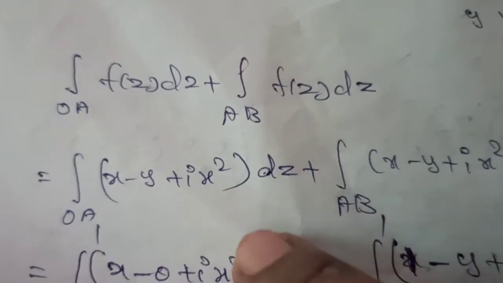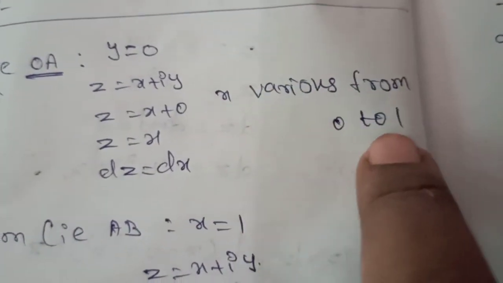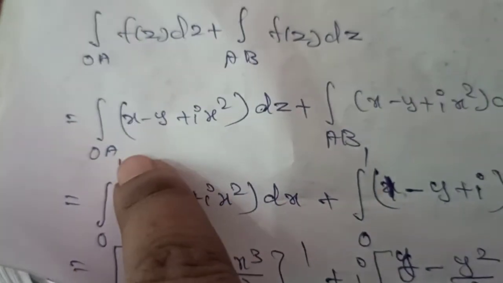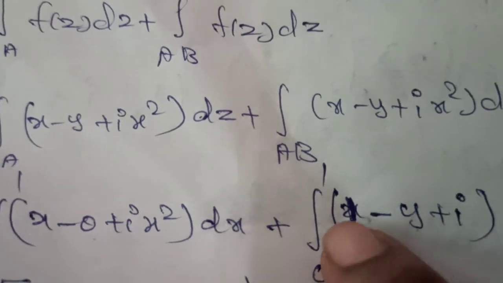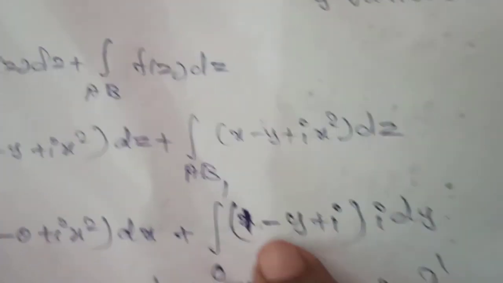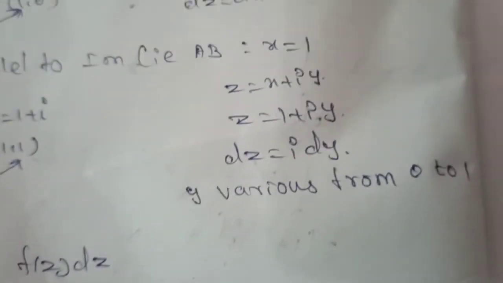All the terms are now in the x variable, with x varying from 0 to 1, plus the integral along AB.